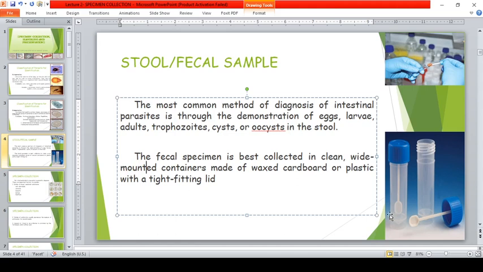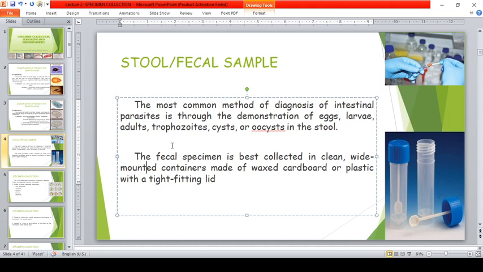So, you instruct the patient, kapag i-take home nila yung requisition tas magsasubmit sila kinabukasan, you have to instruct them that you only need a pea size. Ganun po yung pea size. Yung parang talagang green peas, ganun lang yung size ng tae na kailangan mo for laboratory examination.